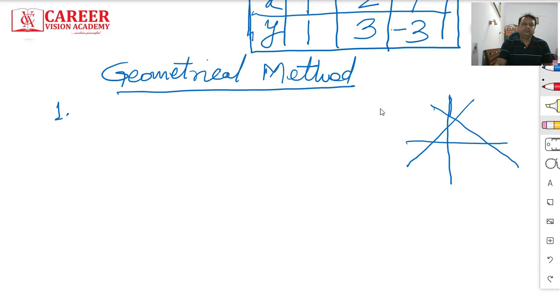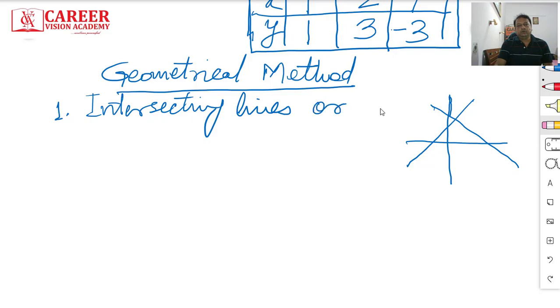That means both the lines will intersect at a point. These are intersecting lines, or we say unique solution. What do you mean by unique solution?